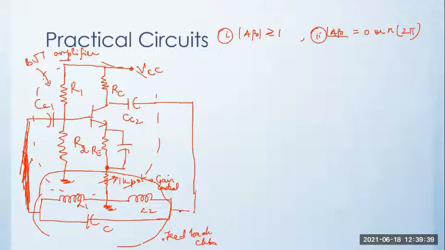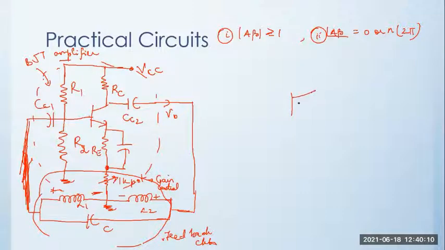Remember, the output voltage should be fed to the tank circuit. So whatever output voltage is coming here is applied across this L2, and because of the behavior of this LC parallel circuit, whatever voltage I get across L1 will be given as input to the amplifier, or it will be the positive feedback signal. So please understand all this.